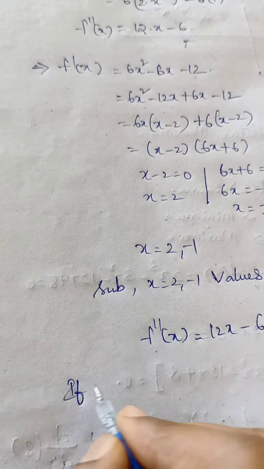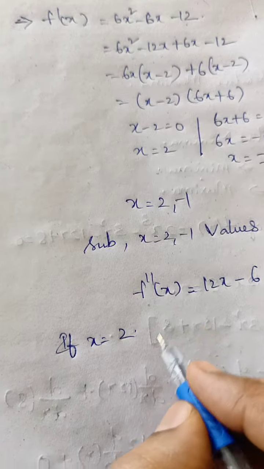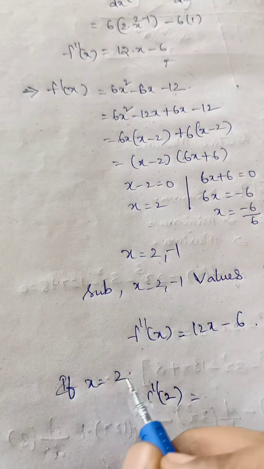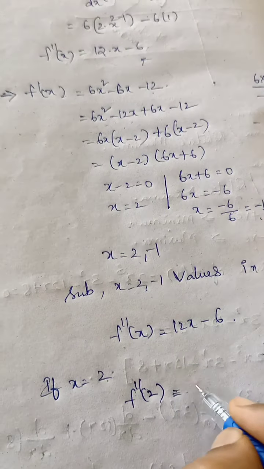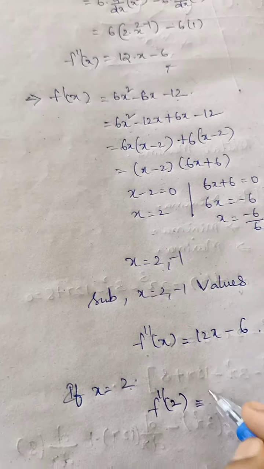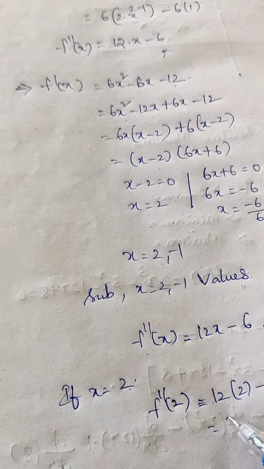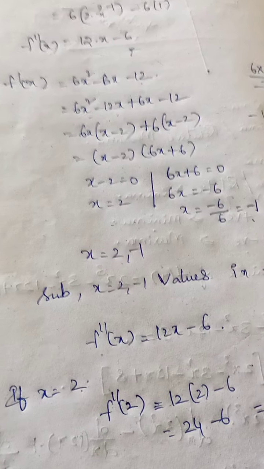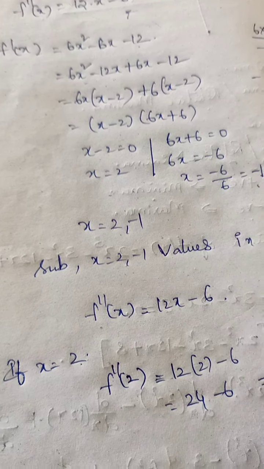If we take x equal to 2, then f double dash of 2 is 12 into 2 minus 6, 24 minus 6, that is equal to 18.